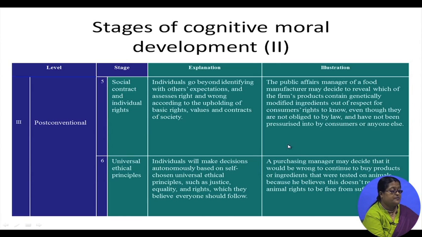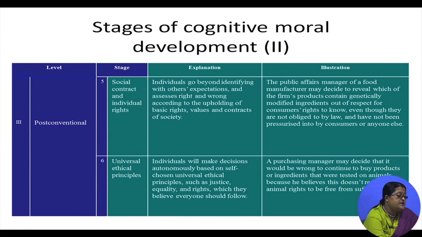This is proactiveness on the part of the manager, thinking it is the entitlement right of the consumers to know how the food is getting prepared. Without anybody forcing me to disclose, I voluntarily come up and tell what is in the food, because I feel it is the customer's right to know.